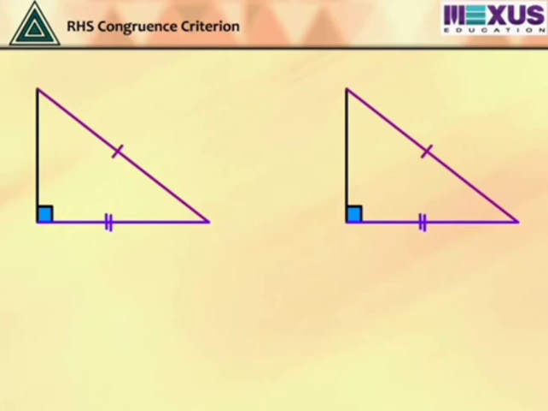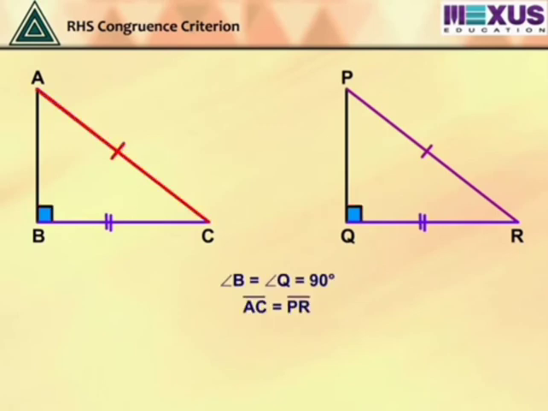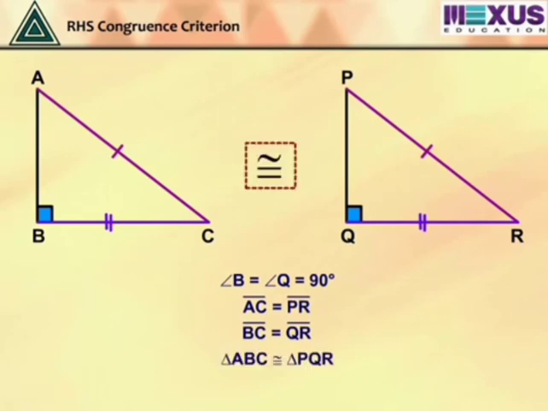See, ABC is right angled at B, and PQR is right angled at Q. Angle B and angle Q are 90 degrees, that is given. AC equals PR. The side opposite the 90 degree angle is the hypotenuse. BC equals QR. That means the hypotenuse and one side are equal in the two right angled triangles. So we can say triangle ABC is congruent to triangle PQR.